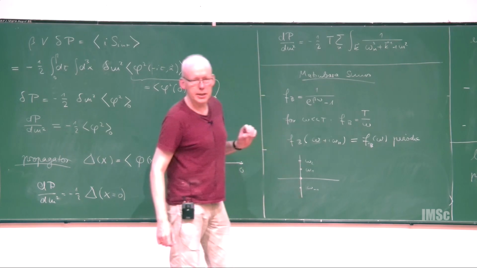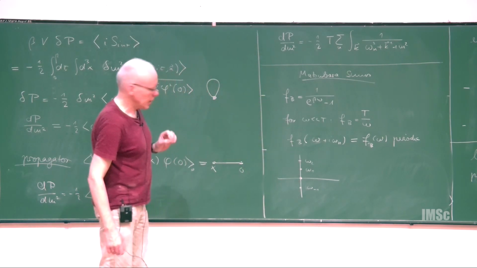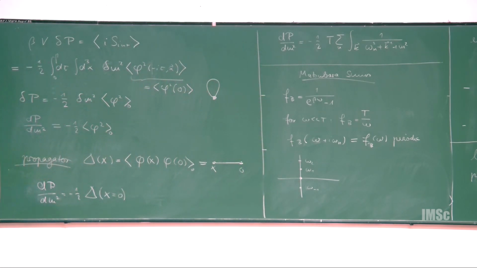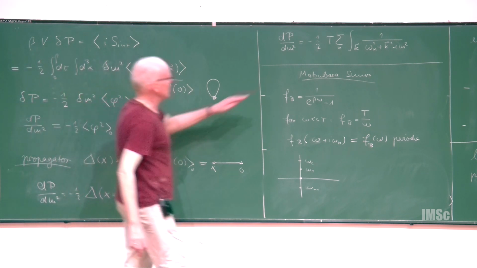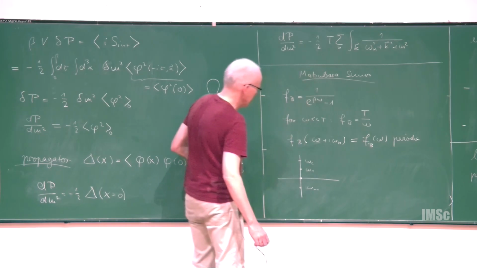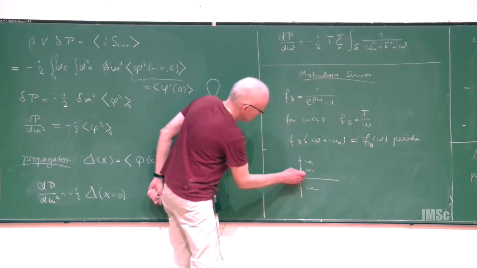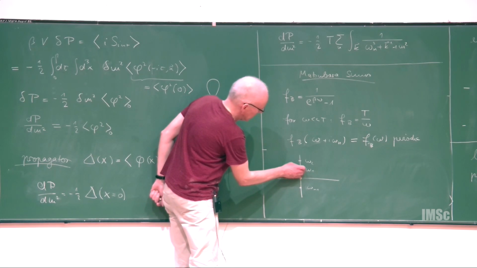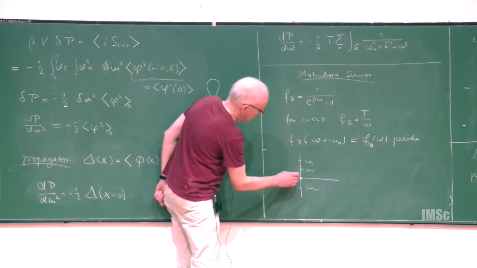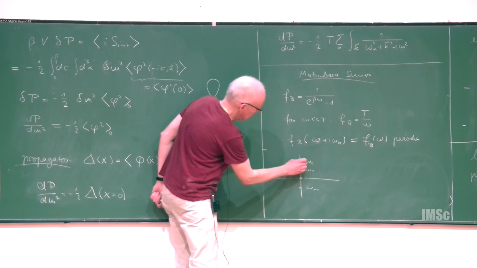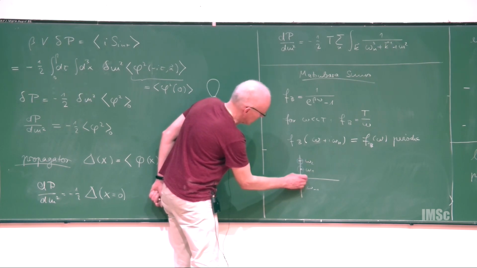Now the trick is, if you want to do the sum here, you can think of this as doing a contour integral around all these poles.